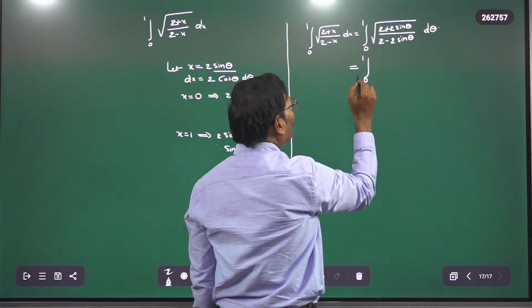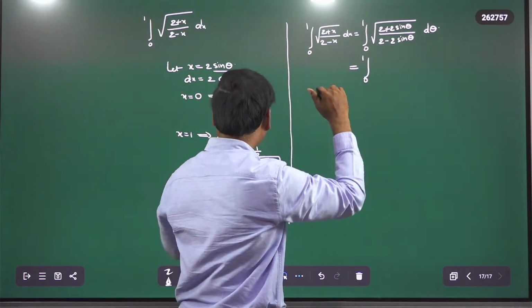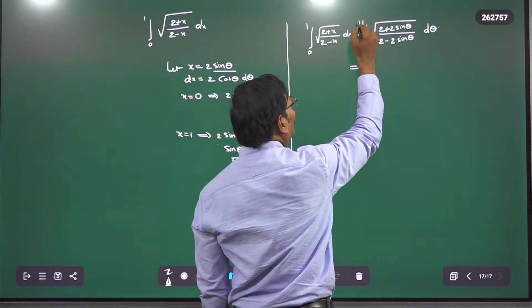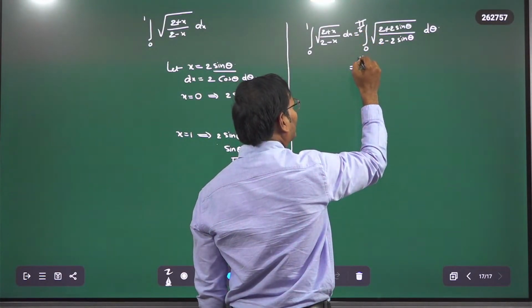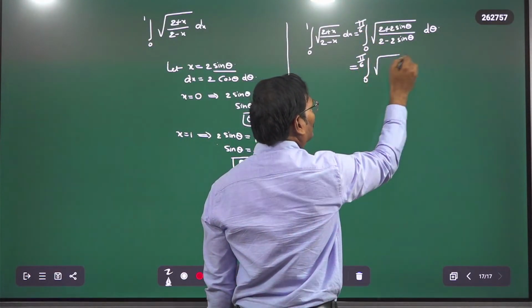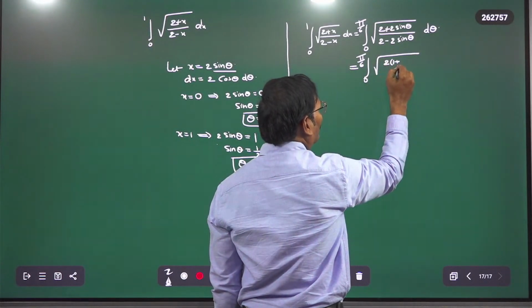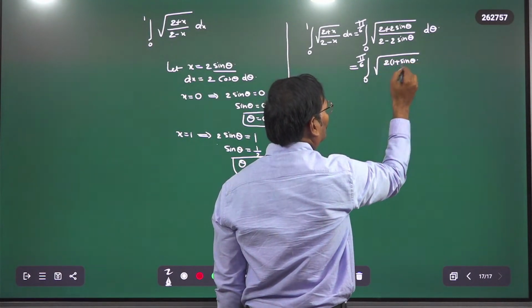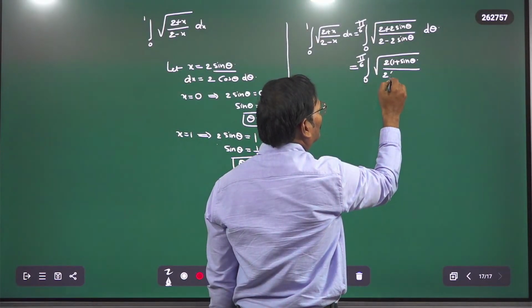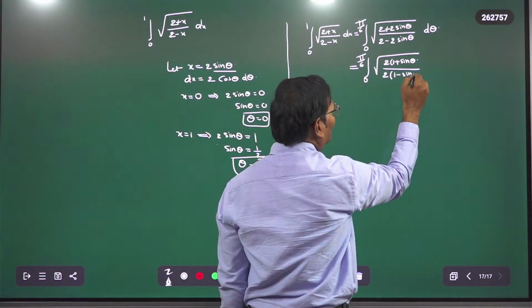The limits are 0 to pi by 6, because theta limits are 0 to pi by 6. So I am taking 2 common: 1 plus sin theta, 1 minus sin theta.